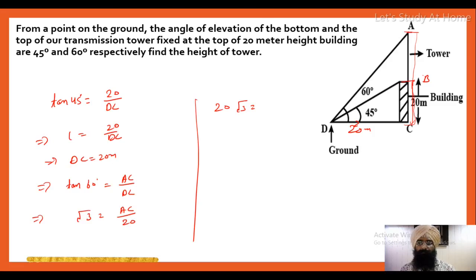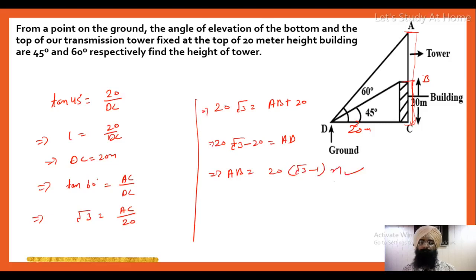I am going to put the value of AC as AB plus BC. BC is equal to again 20 meter. So 20 under root 3 minus 20 is equal to AB. This implies AB is equal to 20 common under root 3 minus 1. This is the value of AB, means this is the height of the tower, hence proved.